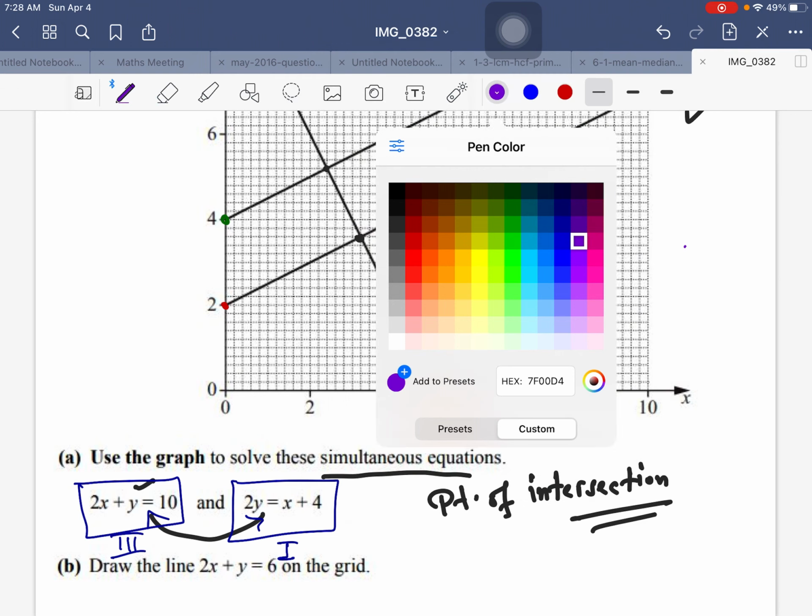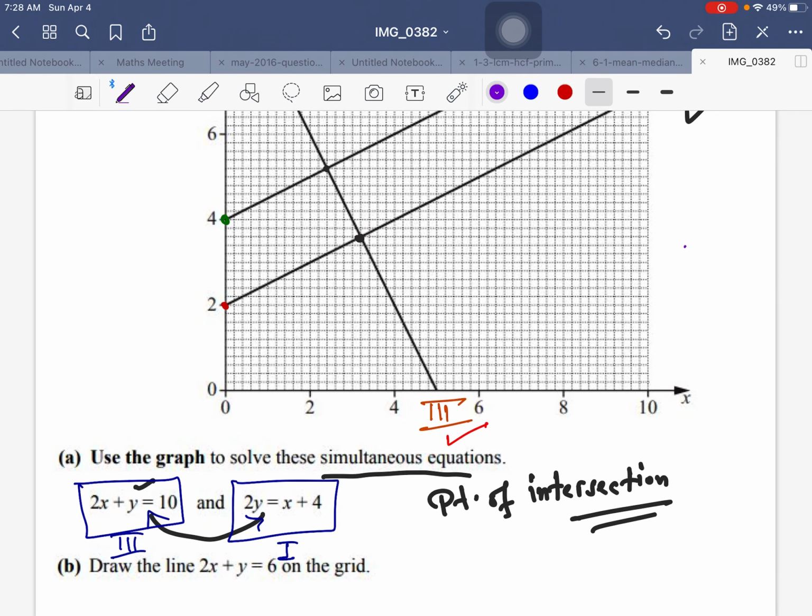To solve these equations simultaneously, we don't need to use an algebraic method, elimination or substitution. If you do, it will be wrong because he's asking use the graph. We have to use this graph to find the solution. So please don't solve by elimination or substitution or the combined method. What we need to do? Point of intersection.